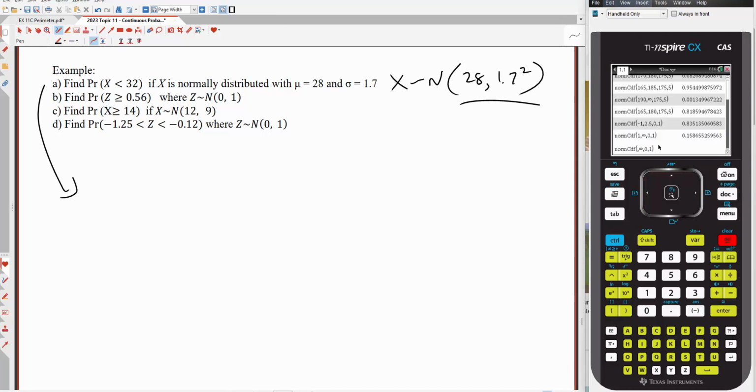So we're going to go from negative infinity all the way up to 32, mean 28, standard deviation 1.7.